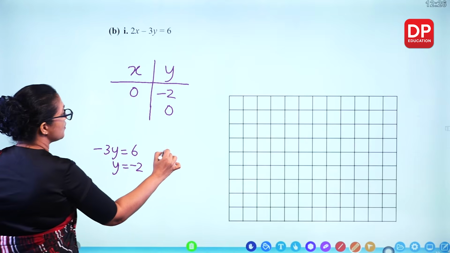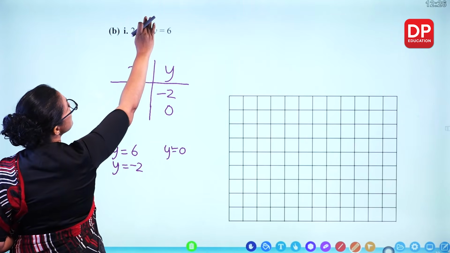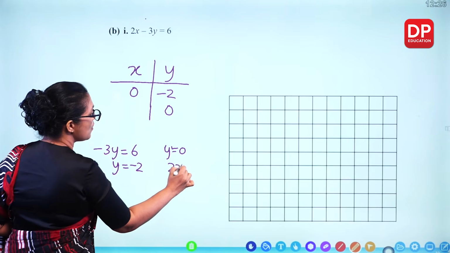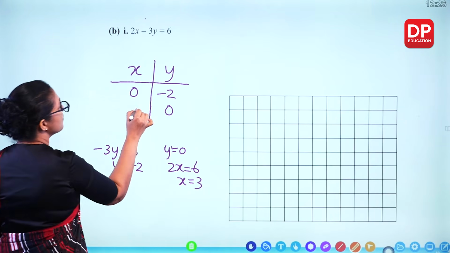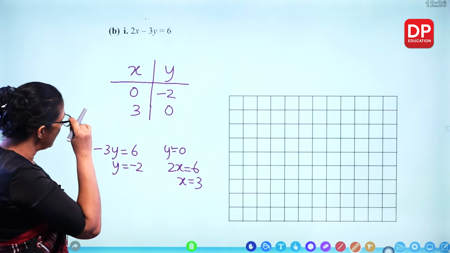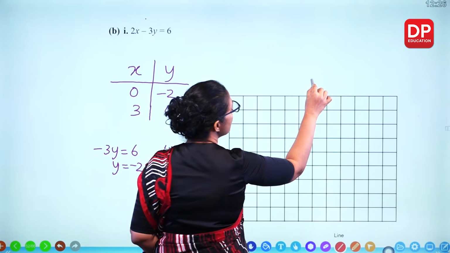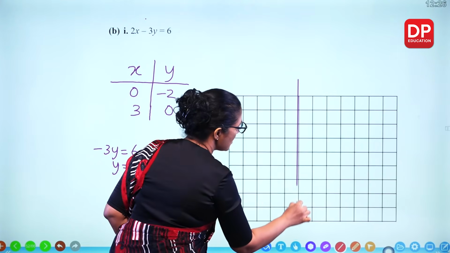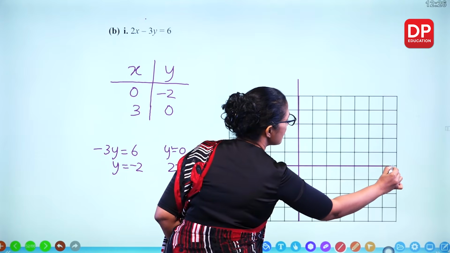Y equals 0. What happens? So you get 2x equals 6. Divide by 2, you get 3. So these are the ordered pairs. Now we can mark them. First, draw the line. This one is the y-axis and this one is the x-axis.